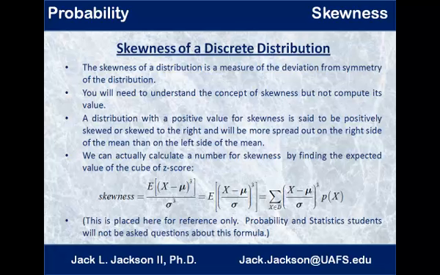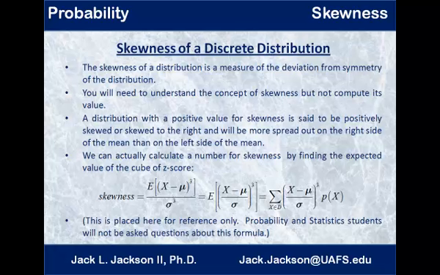Now, notice that since it has an odd power, if things are balanced on both sides, perfectly symmetric, you're going to get just as many negatives added into this sum as the balancing on the other side is going to contribute positively to this sum. And those parts are going to cancel out, and you're going to end up with a skewness of 0.